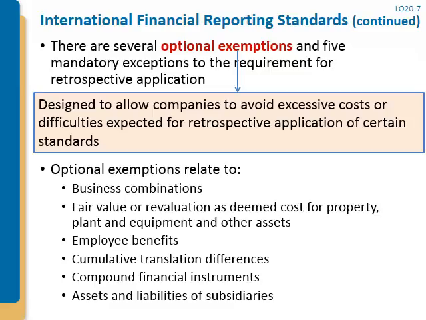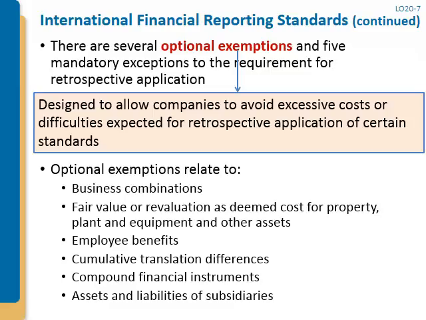For example, if an adopter chooses to report assets such as property, plant, and equipment at fair value as permitted by IFRS, it can measure that fair value at the opening IFRS balance sheet date rather than having to do so retrospectively. Fair value becomes the deemed cost going forward under IFRS. Also consistent with the fair value option under IFRS, fair value is permissible for intangible assets only if they are traded in an active market.